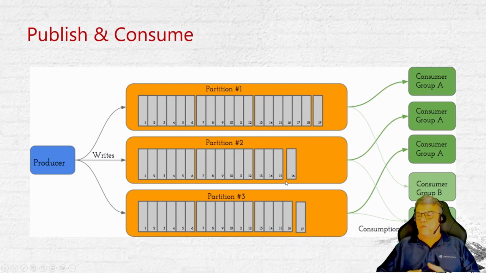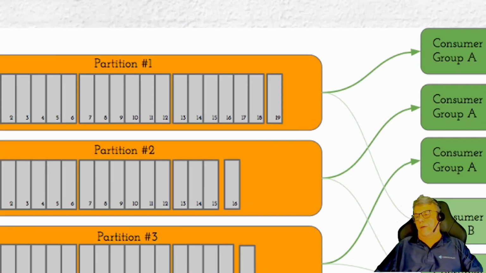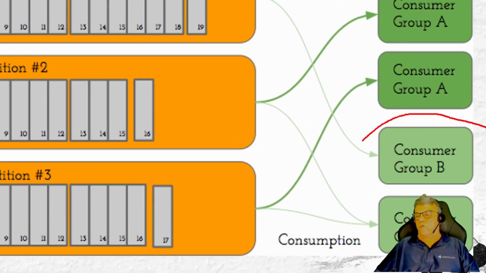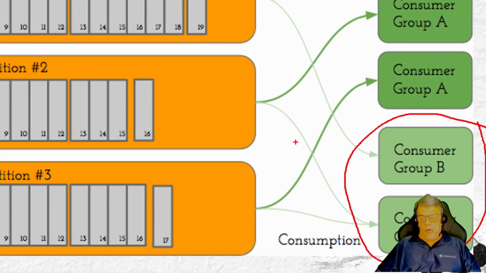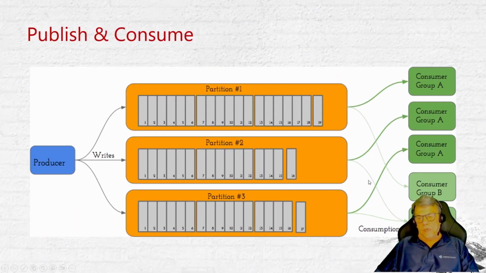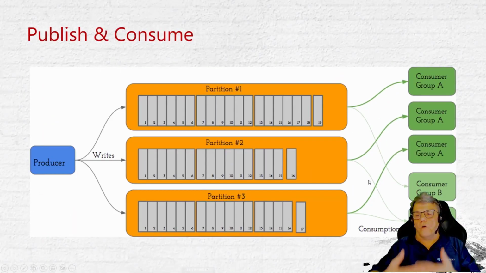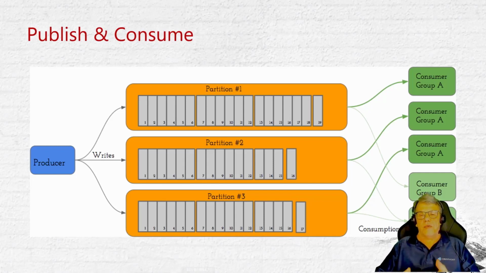You may now ask, what about throughput in this case? You can, however, have other consumer groups reading from the same partitions. And when we are reading, we are not removing the message. The message stays in the partition until its retention period ends. So consumer group A and consumer group B can both read exactly the same message.